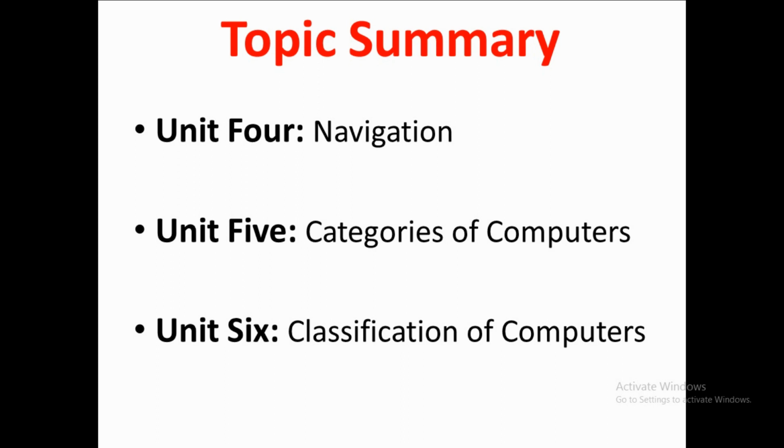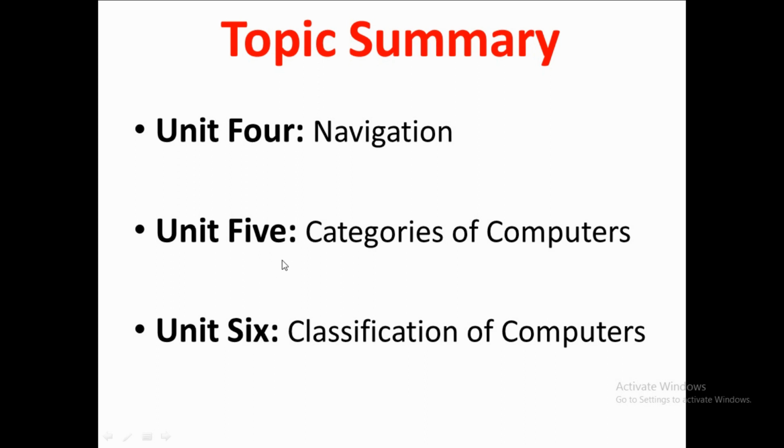On this one, you will see the palm top, smartphones, for example the Android and the Apple phones, and the desktop. So you will see the different types of computers.